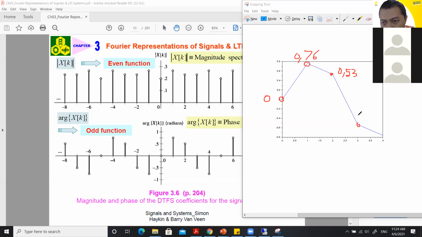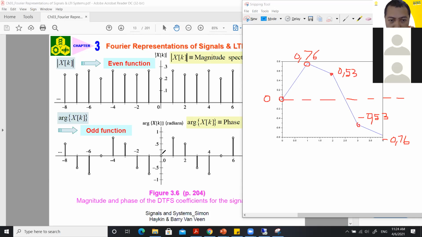And this is minus, right? Because this is a 0, so it should be minus 0.63. This should be minus 0.76.